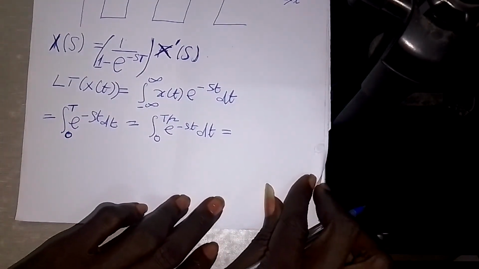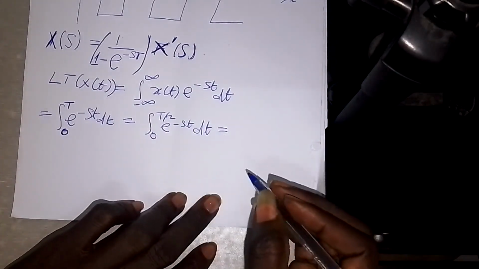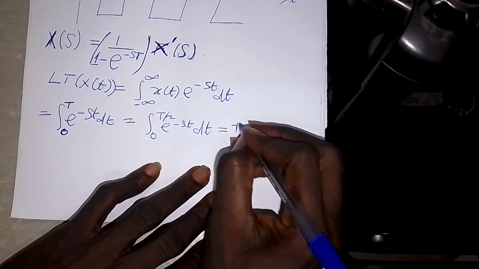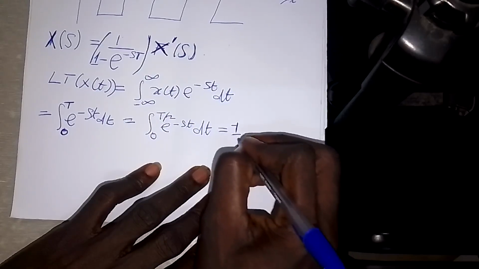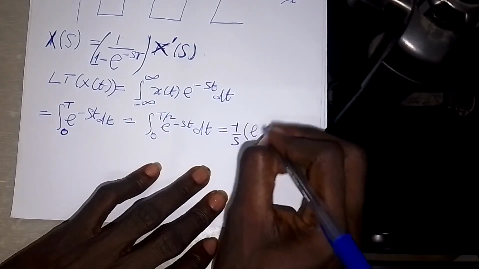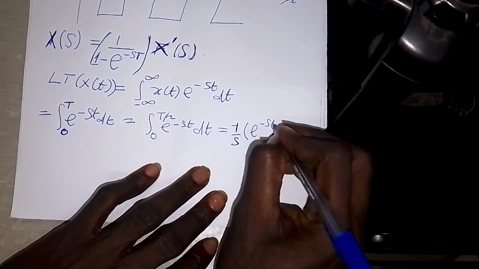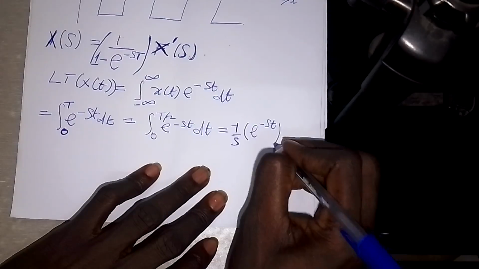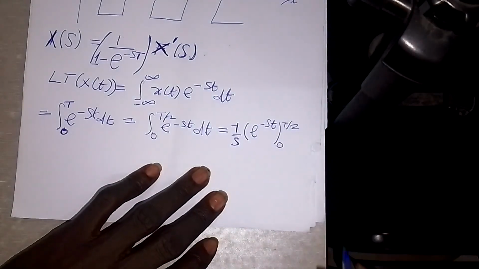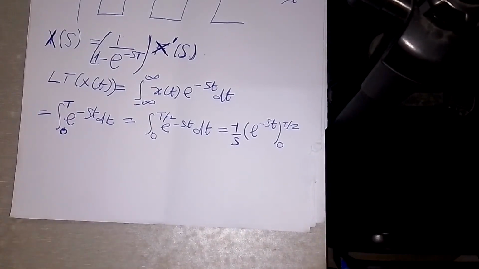Now what I can do is integrate. If I integrate this one, I'll get minus 1 over s, into e to the minus st, evaluated from 0 to T on 2.